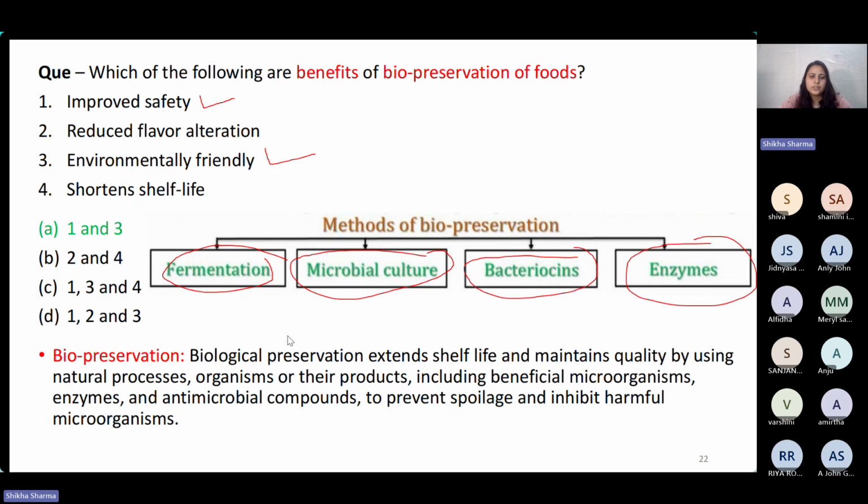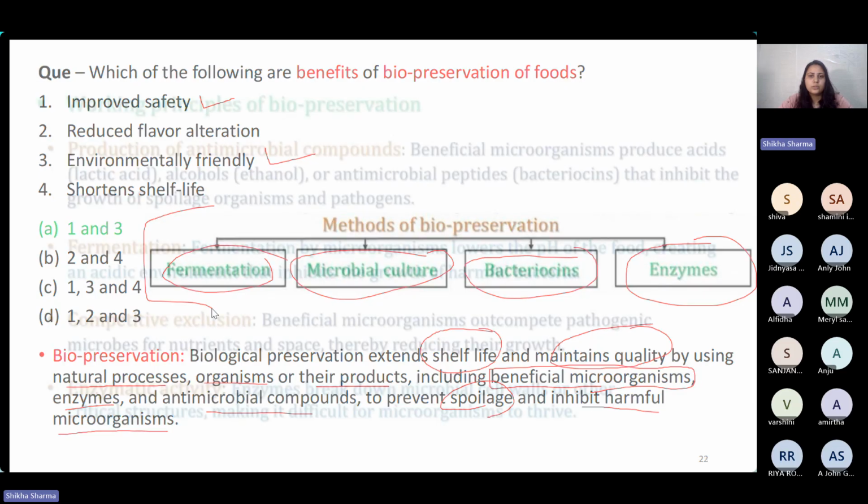Biopreservation is basically for extending the shelf life and maintaining the quality by using natural processes or natural organisms or their products, like beneficial microorganisms, enzymes and antimicrobial compounds, so that spoilage can be prevented and the growth of harmful microorganisms can be inhibited. These are the four methods by which we do biopreservation.